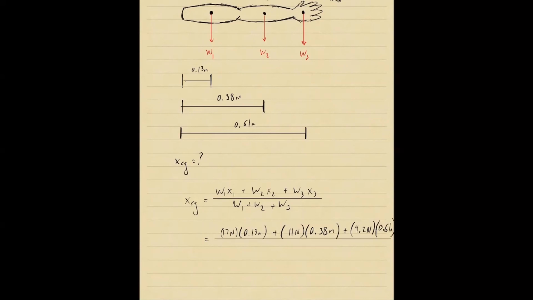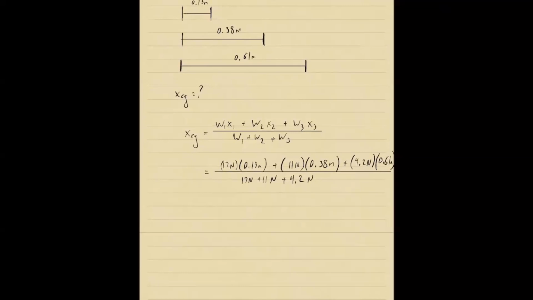And all that's divided by just adding the weights together. So it's going to be 17 newtons plus 11 newtons plus 4.2 newtons. And so when you add all of this together, we get that the center of gravity for this particular arm is 0.28 meters. Because the center of gravity is going to be a position.